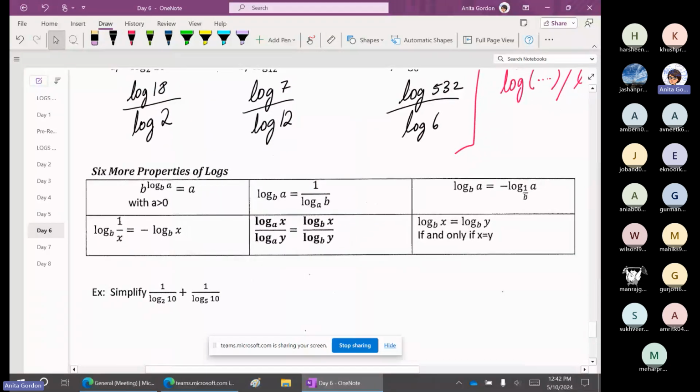Okay, six more rules. I'm just going to state them. Zooming in here.